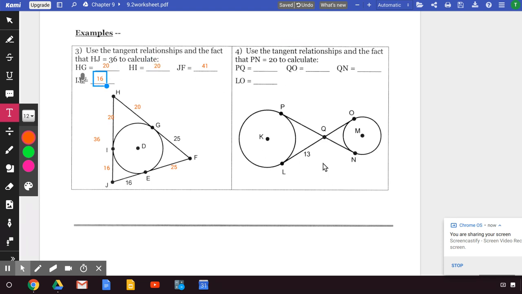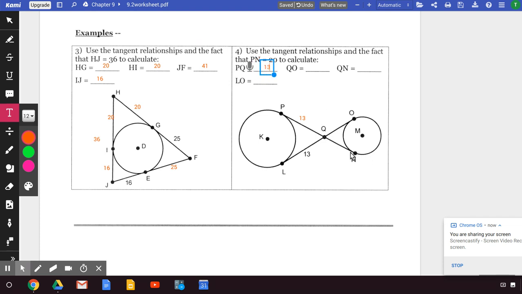In example 4, we know that PN is 20, and it's on the diagram here that LQ is 13. So the first thing I know is that right here, these two segments, PQ and LQ, are congruent, so that would be 13.